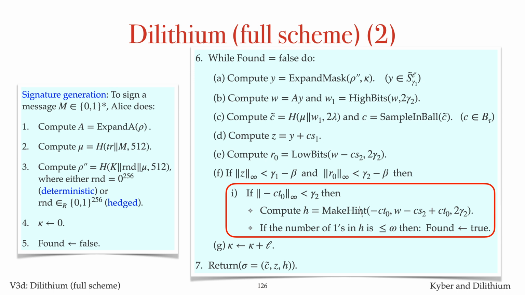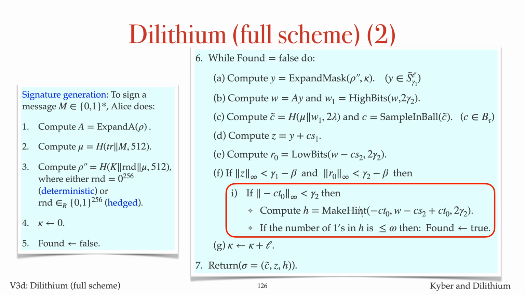If it is, then the signer uses MakeHint to compute the hint vector h, and checks that the number of ones in h is at most omega. The restriction on the number of ones in h is to minimize the signature size, since the signer needs to include the vector h in the signature.